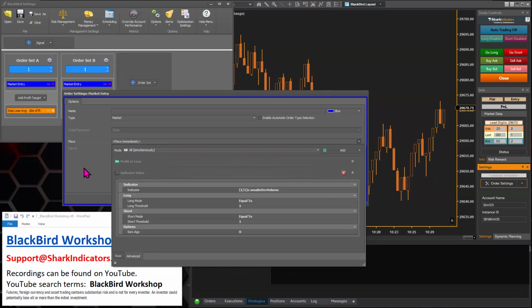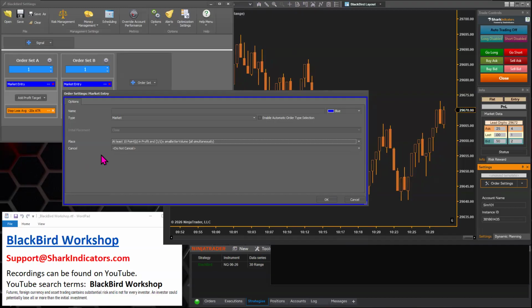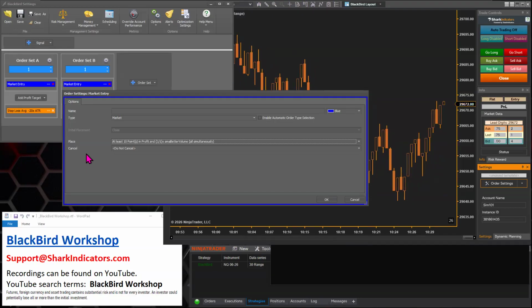Oh, also, I should mention, just to round out the usage of the place option, just remember that you always have to include some kind of cancellation rule. Otherwise, your scale-in orders get left in a pending state indefinitely.